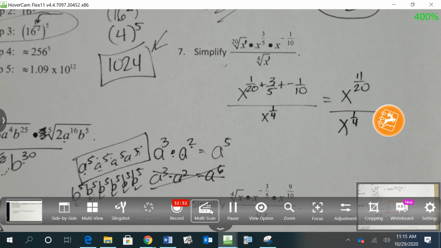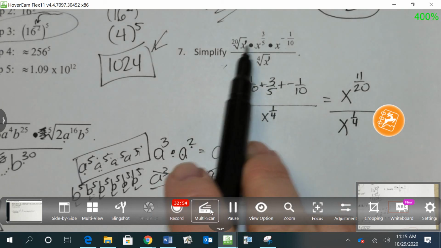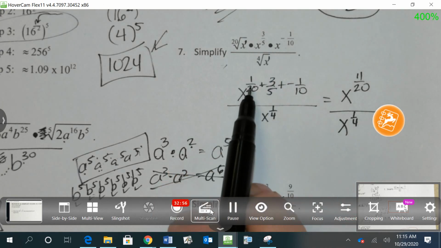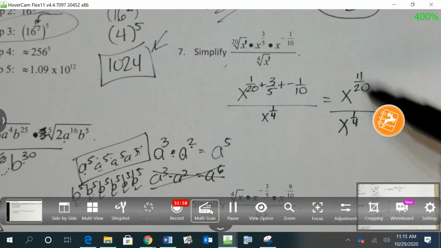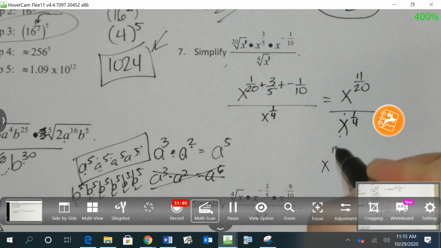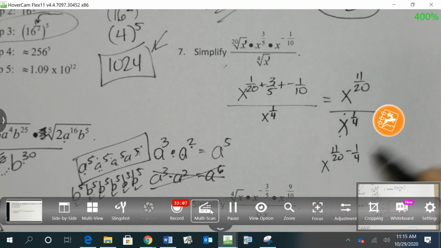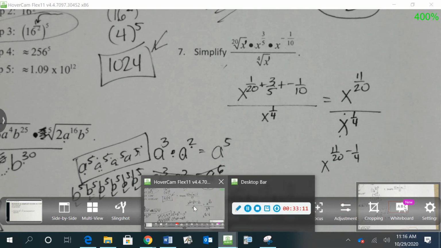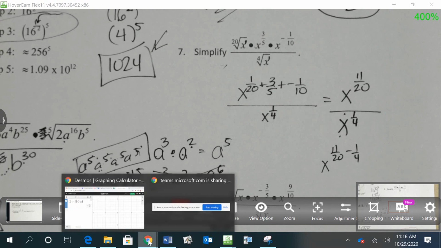Let's review the properties of exponents once again. Same base, and we multiply, we add the exponents. What do you do when you have the same base and you're dividing? You subtract, and the order you subtract is just top, subtract bottom. Same thing applies. Could you do this by hand? Sure you could. I think we can save ourselves a little bit of time, and we can use Desmos to do it for us.